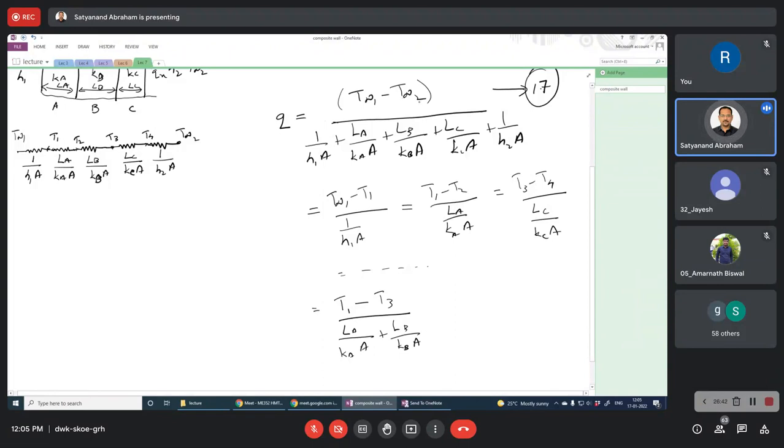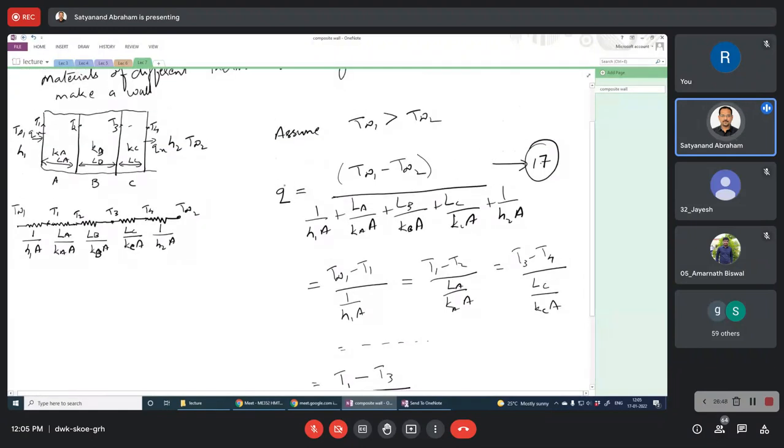This T infinity 1 and T infinity 2 we know, and all the other quantities we know, right? So from this you can calculate the heat flux. Then from this equation you can calculate T2. One more equation will come in between, which is T2 minus T3 divided by its thermal resistance. From there you can calculate T3.